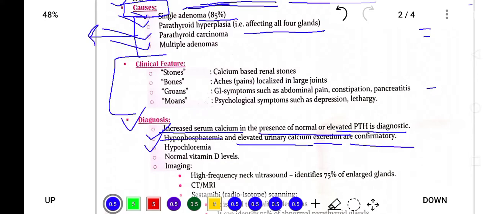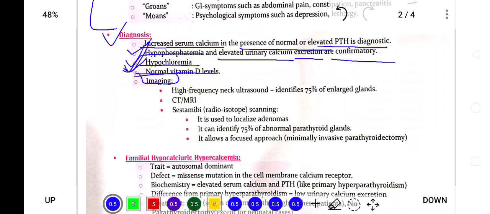In hyperparathyroidism, there will be hypophosphatemia, hypercalcemia, and a normal vitamin D level. Imaging should also be performed in order to diagnose. High-frequency neck ultrasound identifies 75% of the enlarged glands.